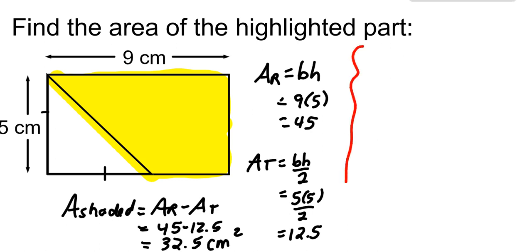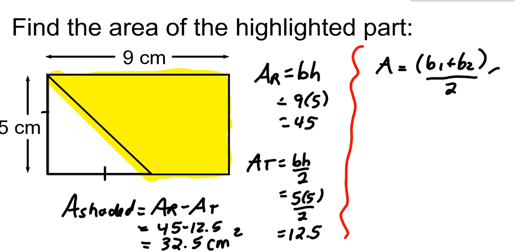Alternately, in this case, if you wanted, you could use the formula of a trapezoid. So the formula of a trapezoid is area is base 1 plus base 2 divided by 2 times the height.